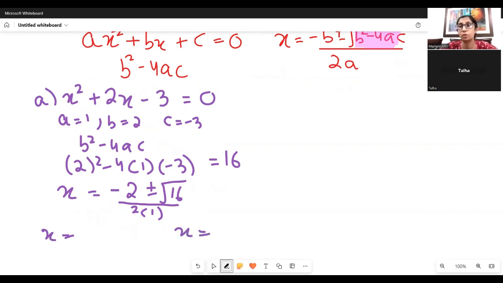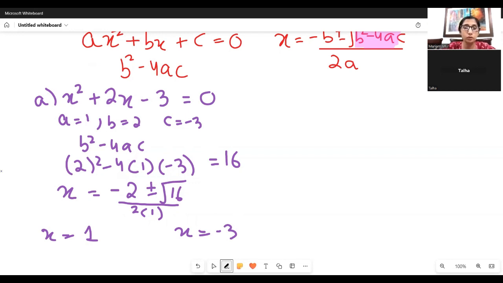What are the solutions, or roots, of the quadratic equation? Minus 2 plus 4 divided by 2 is 1. The other one is minus 2 minus 4 divided by 2, which is minus 3. So we got two roots, or two solutions, of the quadratic equation.